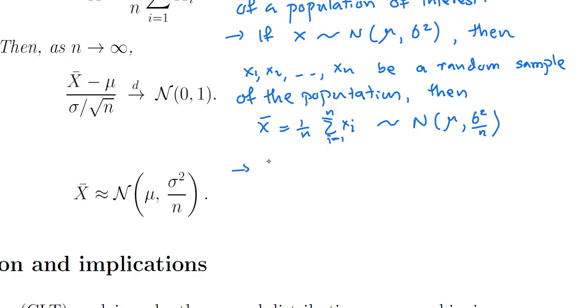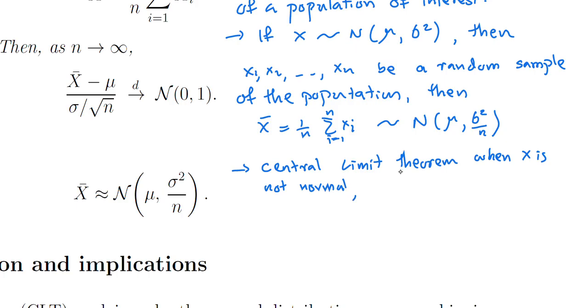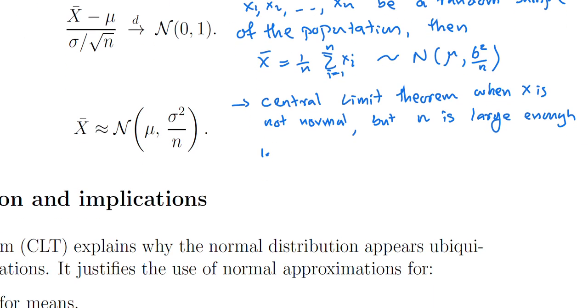And then the second case, the central limit theorem. We learn about the central limit theorem when X is not normal, or not coming from a normal distribution, but the sample size n is large enough. Then it has two outcomes.